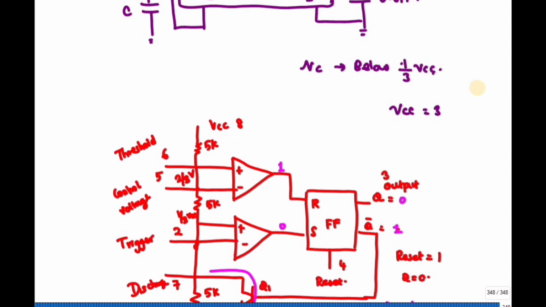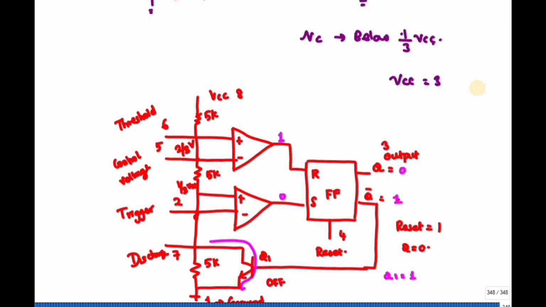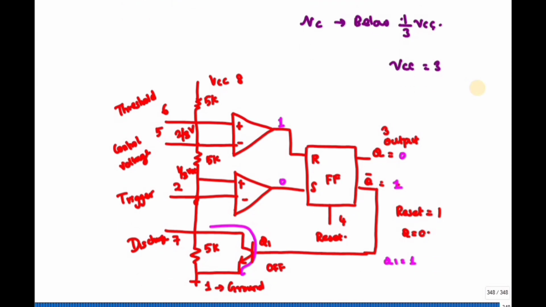Since this value is below the reference, and both pins 6 and 2 are short circuited, this becomes 1 initially and this becomes 0.